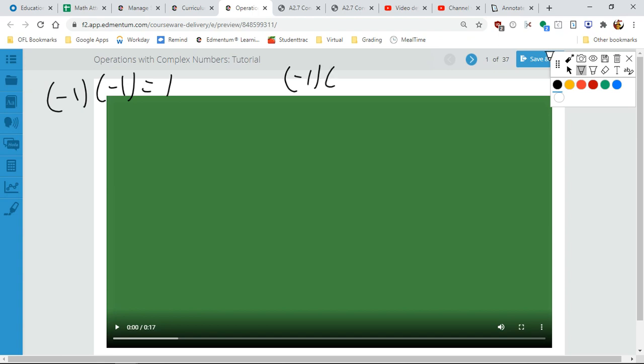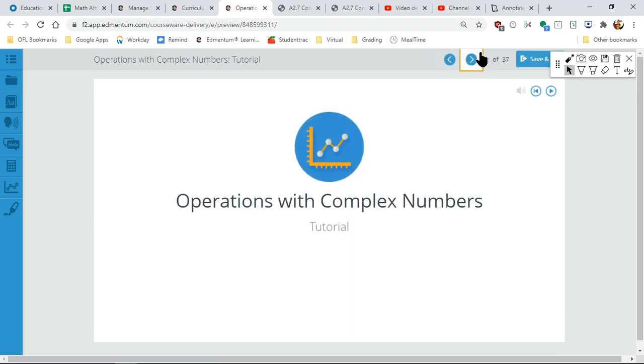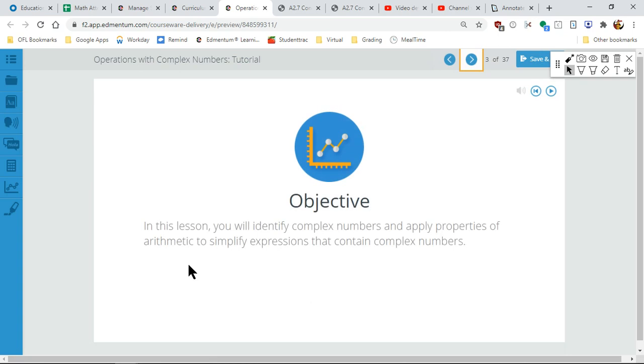The only way to get -1 would be 1 and 1, which isn't a squared. You're not squaring anything, you're just multiplying it. So it's impossible to get a negative square root. So that's where they invented imaginary numbers.